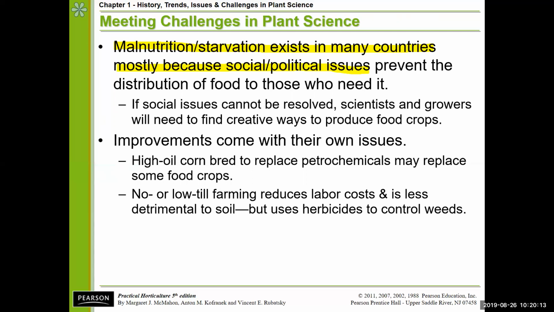It's a shortage of the ability to get that food to the people that need it. So it's mostly due to these social and political issues that prevent that distribution. That's why we have to take this broad approach. It's not just the production of the crops themselves, it's how do you get the food to the people.